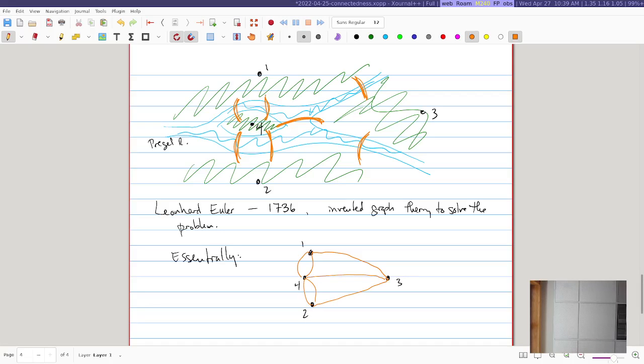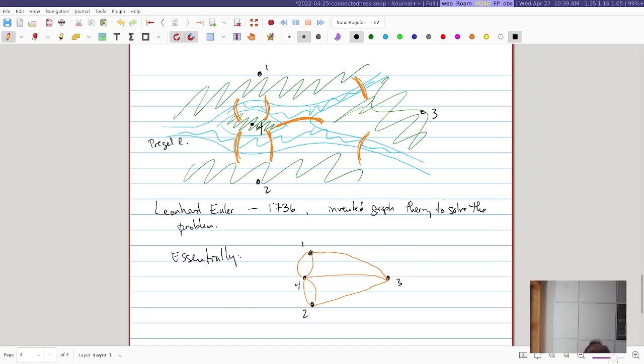Okay? So we abstracted the town and the bridges into this graph. And so now the question becomes, is there a path in this graph, a simple path that never repeats an edge, that visits every edge? Can you make a path through the graph that visits every edge?